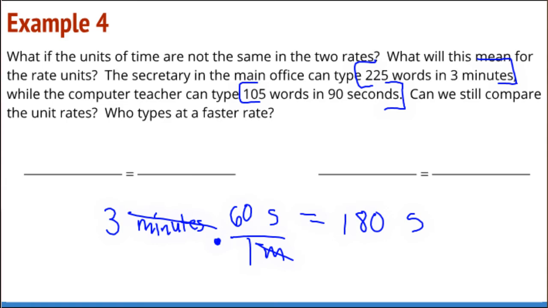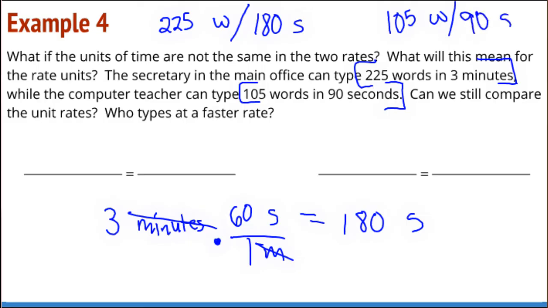So now I have a rate of 225 words per 180 seconds. And I can compare that with 105 words per 90 seconds. And now I can do some scaling to make a comparison. I could scale them down to 1 second.